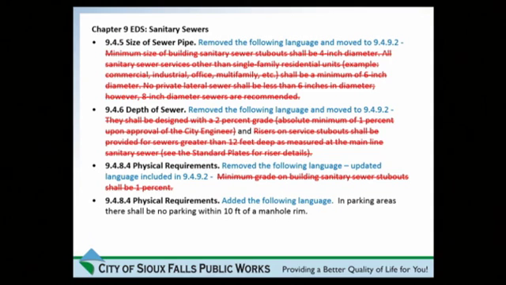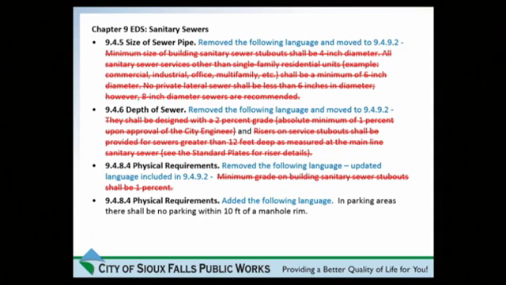The intent with these changes was to pull those sections out and put them into a section that dealt with sanitary sewer service lines. They were generally pulled out verbatim and put into those service line sections. Any modifications made to the language did not impact the intent.